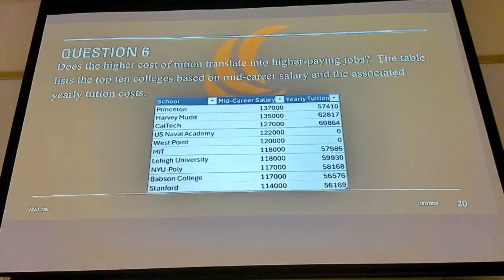Just remember that tuition is yearly. I don't know how many years you go to school. So $57,000 a year, you're making 137.